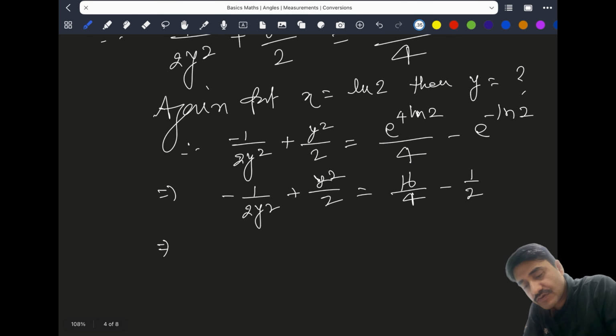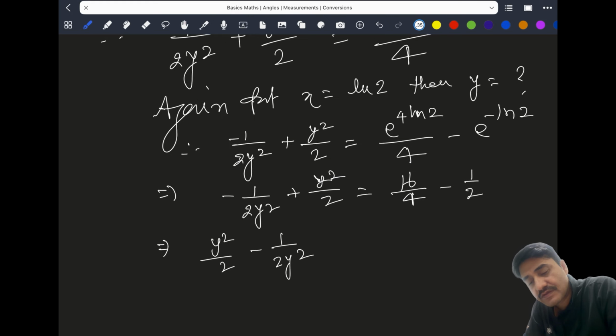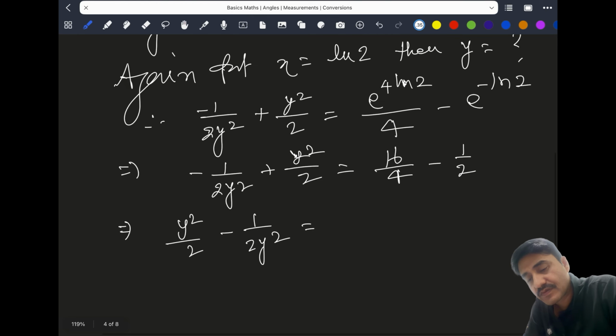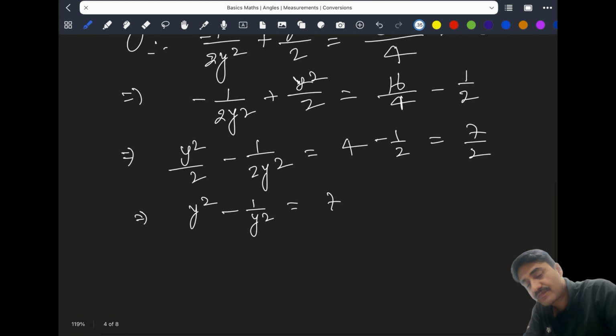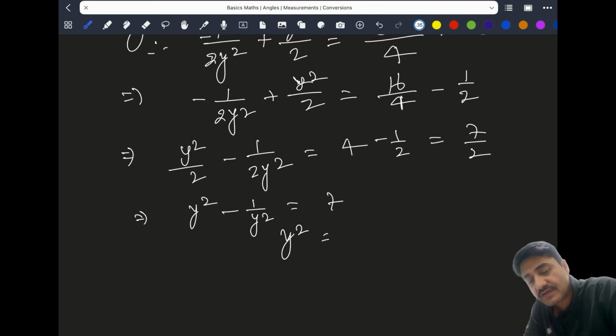This is equal to y square by 2 minus 1 by 2y square is equal to 4 minus 1 by 2, so it is 7 by 2. So y square minus 1 by y square is equal to 7.